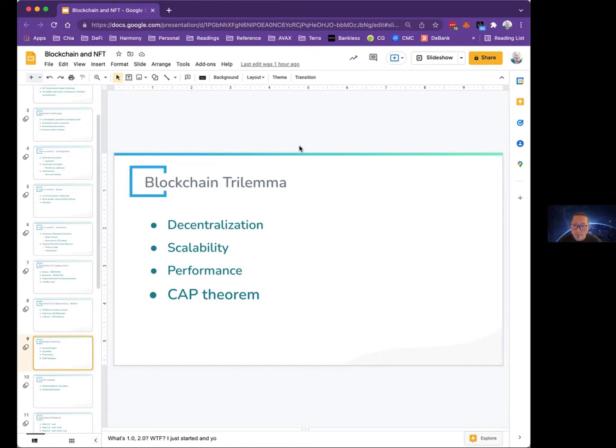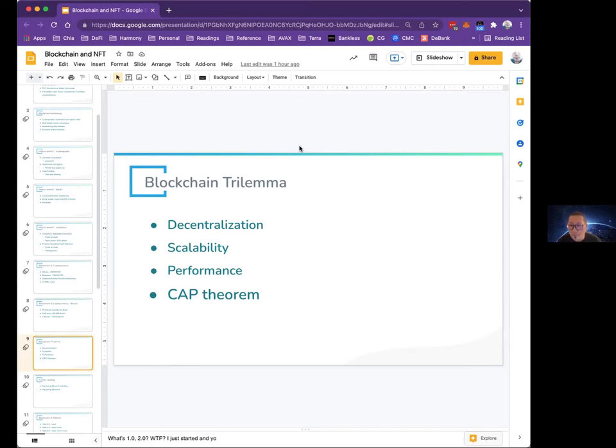To design any blockchain infrastructure or network, there are three properties that you have to find the balance: decentralization, scalability, and performance. It's hard to meet all those three properties when you design a blockchain network. That's why I call it the blockchain trilemma.